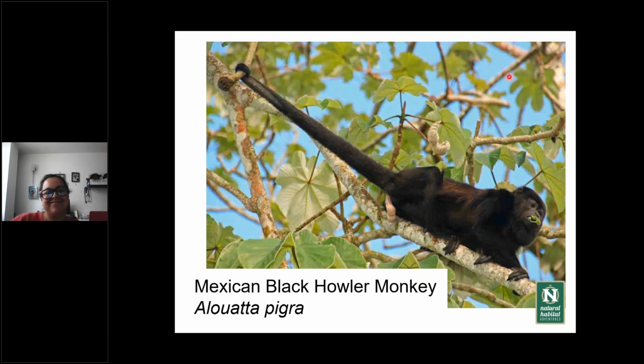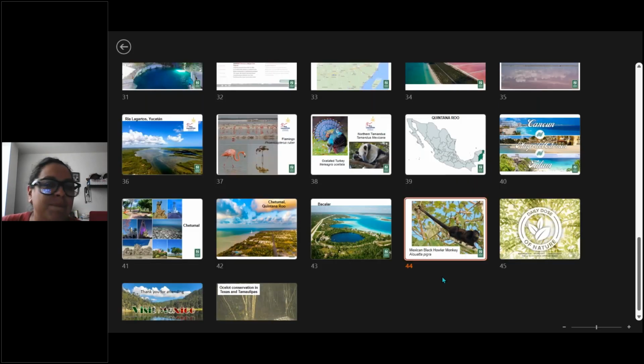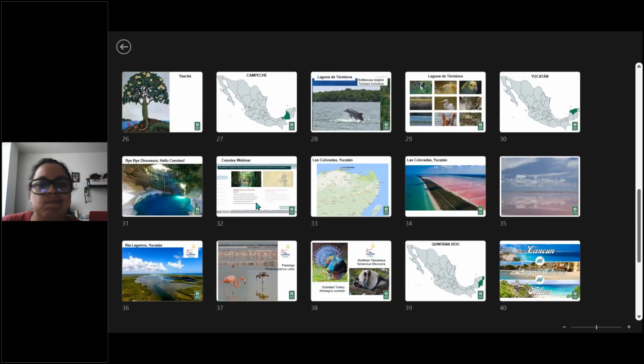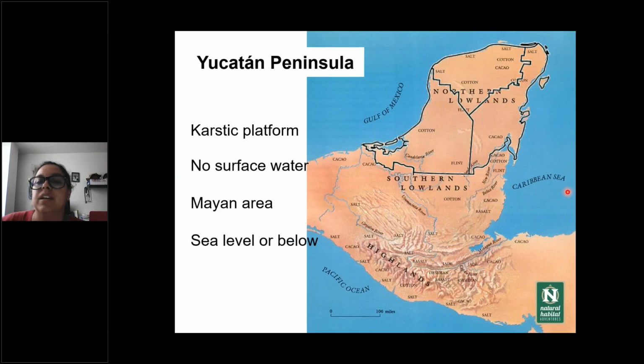So when the hurricanes do hit the Yucatan Peninsula, are cenotes badly damaged during that? Not really. Incredibly, they are not. Let me show you here.